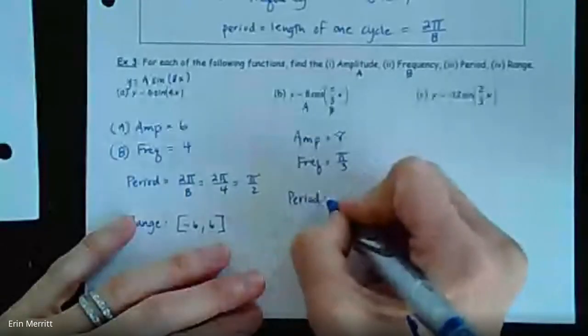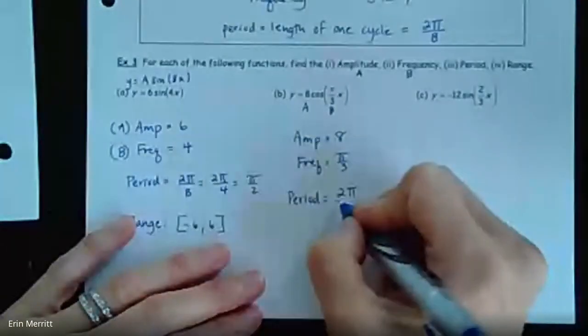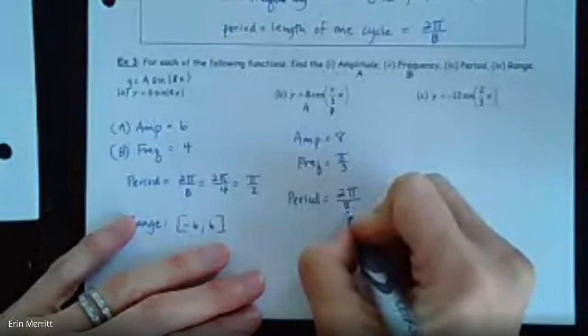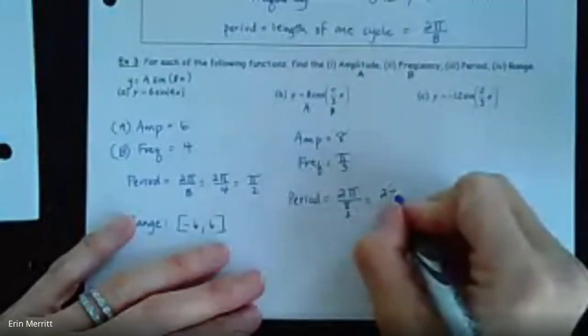Okay, here's where it can get interesting. The period, we're going to do 2 pi divided by pi over 3. Remember, complex fraction, multiply by the reciprocal. When I have 1 pi in the top and 1 pi in the bottom, they actually cancel and I get 6. So the period, or the length of it, is just 6, which means when you go to graph it, I wouldn't have to label the x-axis with pi over 2, pi, 3 pi over 2, and so on.